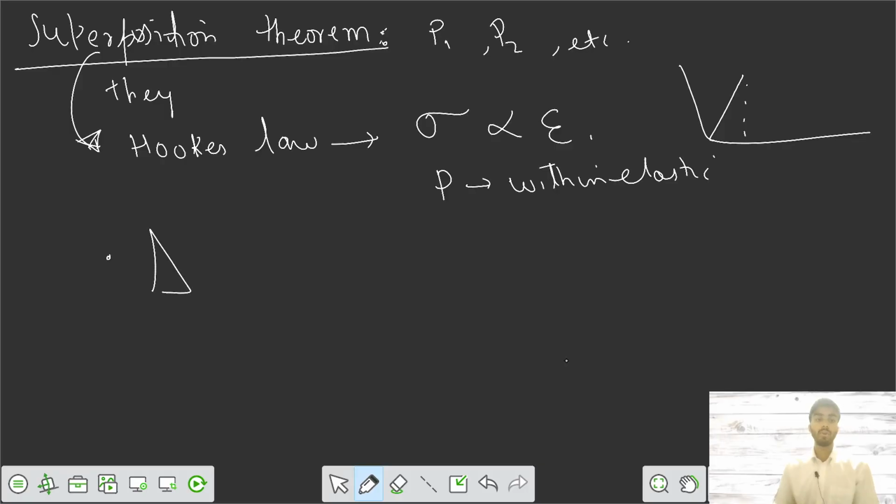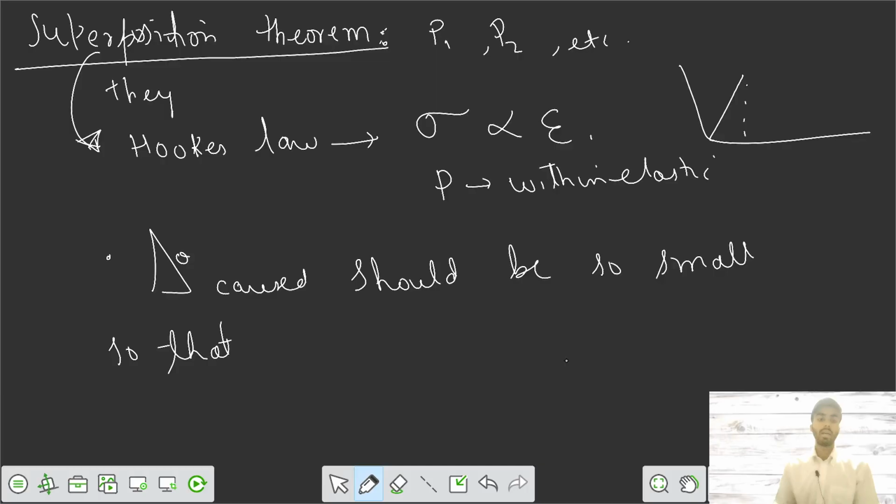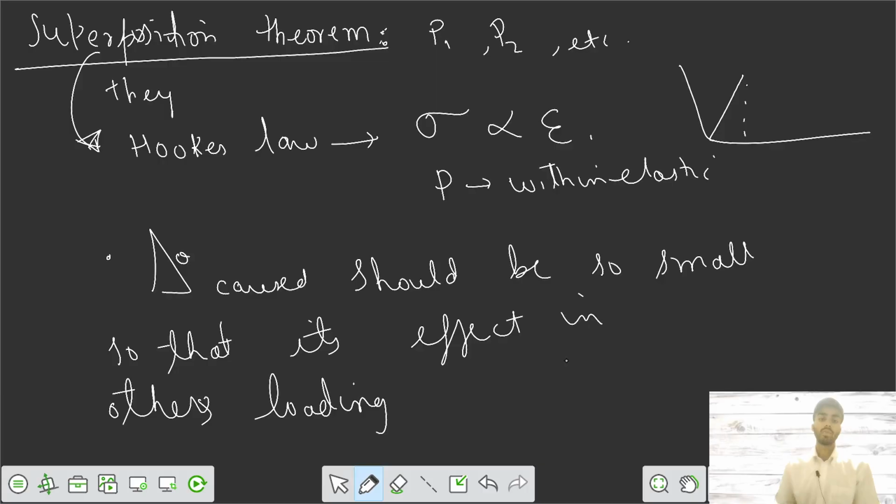The next one is that the deformations caused, delta or theta, should be so small that their effect on other loading, say P2, should not be affected because of P1. P2's effect should not be affected. Yeah, this one is your superposition.